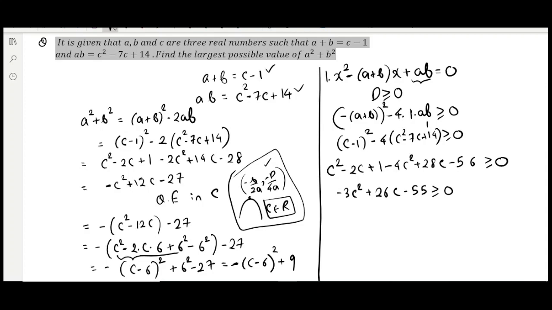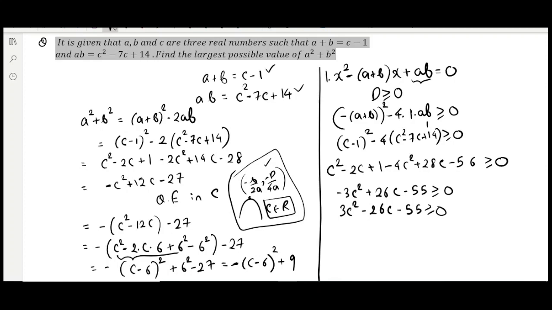So we can solve it by splitting the middle term. First we will multiply it by the minus sign. 3c square minus 26c minus 55.